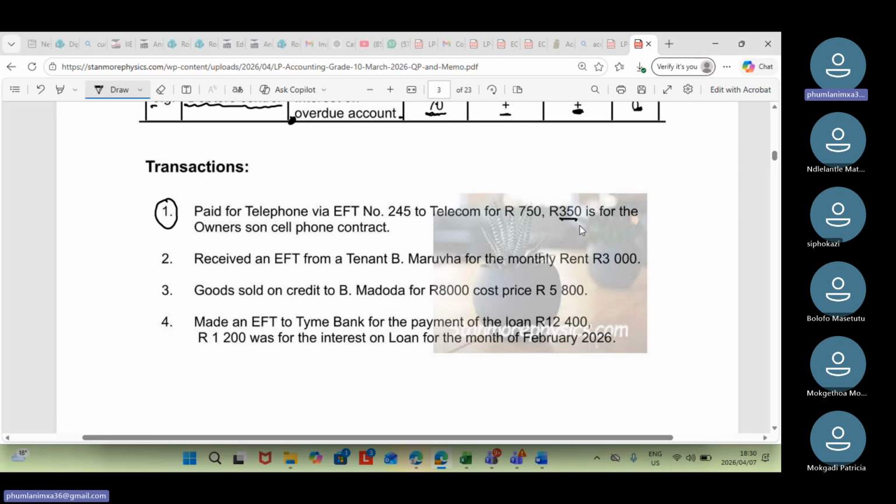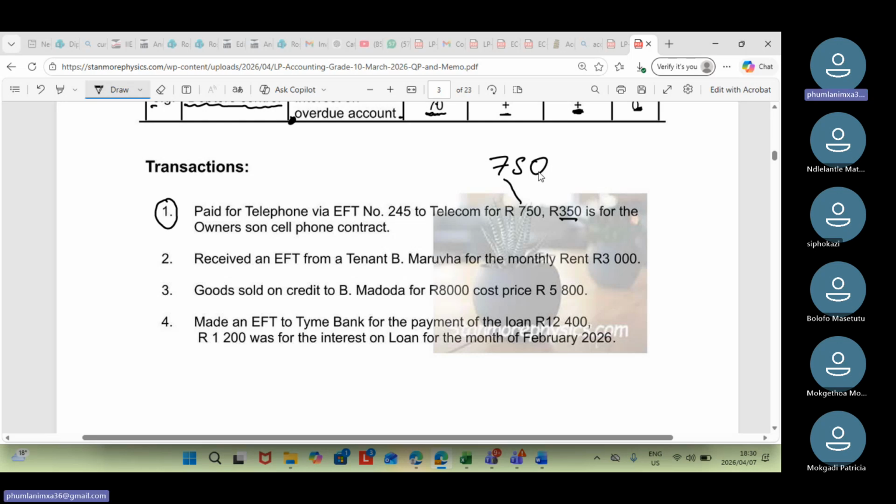350 is for the owner's son's cell phone contract. Guys, how much are we paying in total? In total, we are paying 750. The business is paying 750 for telephone.